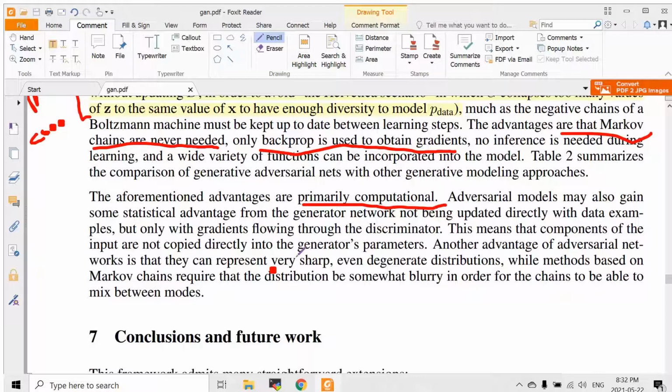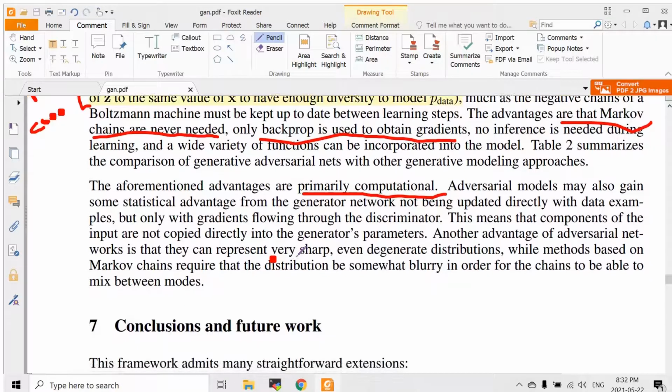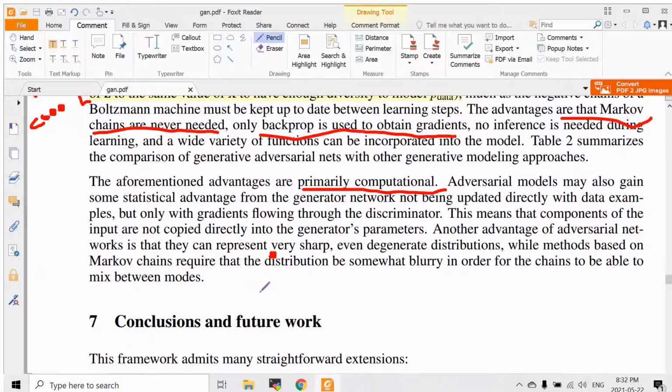This means that components of the input are not copied directly into the generator's parameters. So basically, what they're trying to say is that the generator is not able to see the real data.